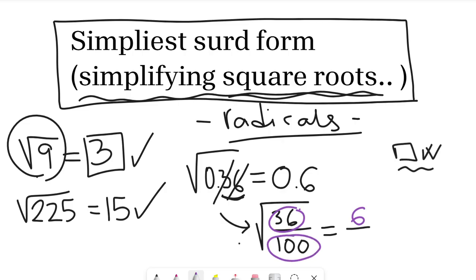What is square root of 100? 10. So our answer is 6 over 10, which is basically equal to 0.6. So, if this way with decimal numbers is confusing to you, you can always write your decimal number as a fraction, and then we can solve it easily.